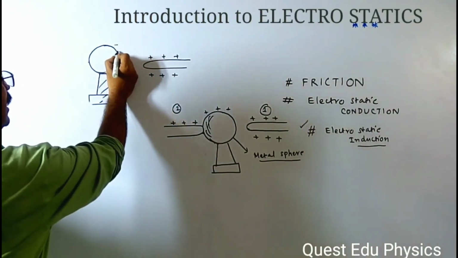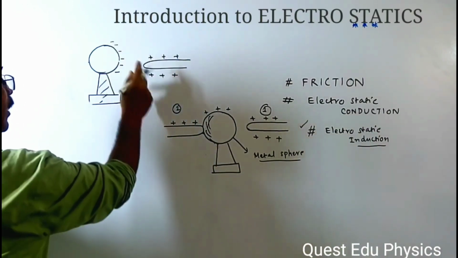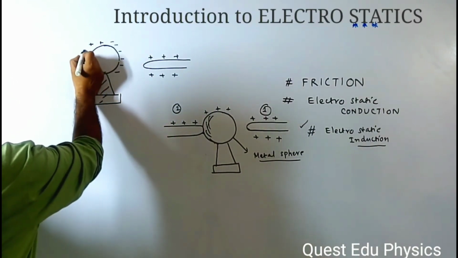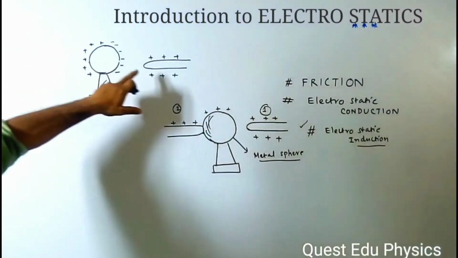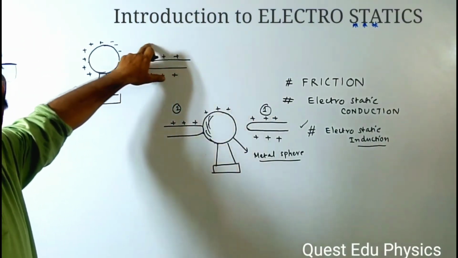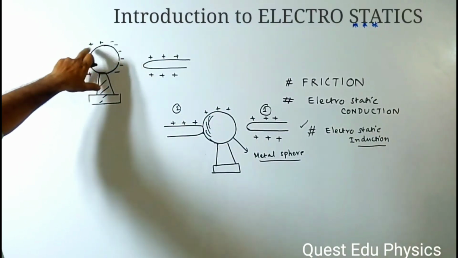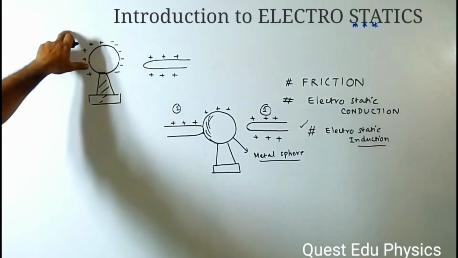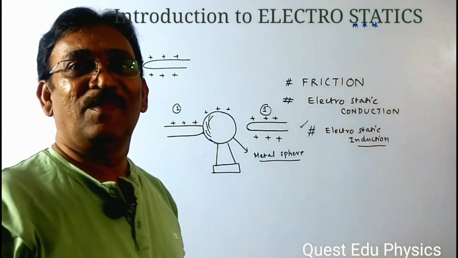Then 6 units of negative charge will be created near to this, and 6 units of positive charge. If you bring 6 units of positive charge near to this, then automatically on this neutral body 6 units of negative charge as well as 6 units of positive charge will be created.